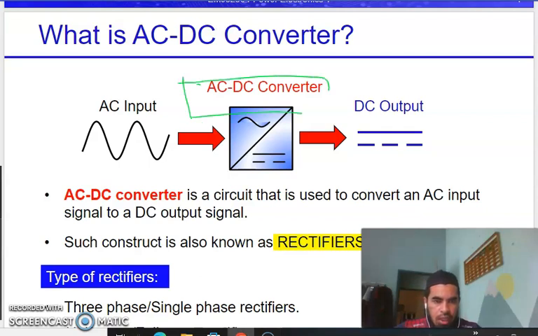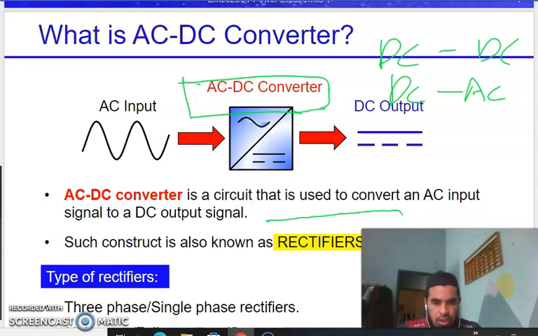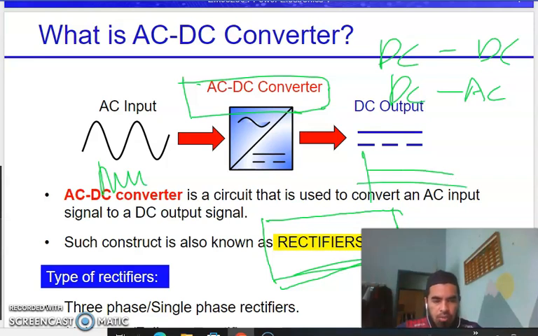So later we shall have DC to DC, and then DC to AC. Like I told you, if you talk about an AC to DC converter, another name for this kind of converter is a rectifier. In an AC to DC converter, we convert an alternating waveform into a static, average DC output voltage. It is so-called a rectifier.